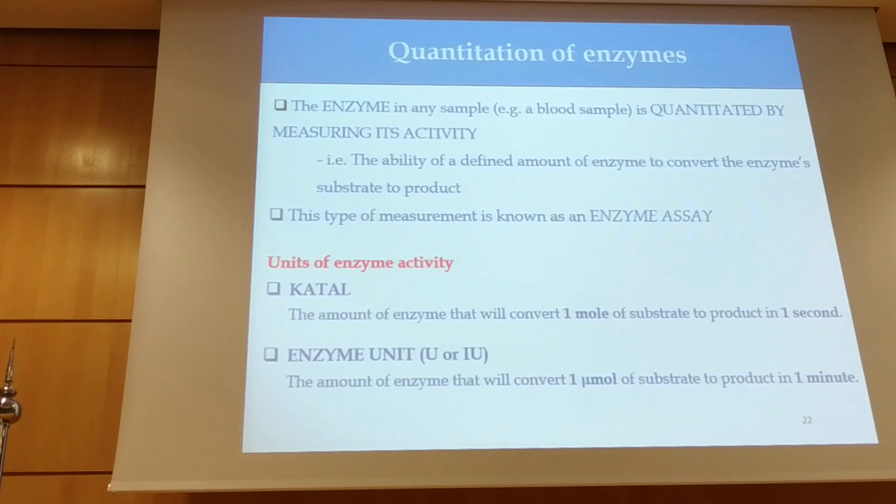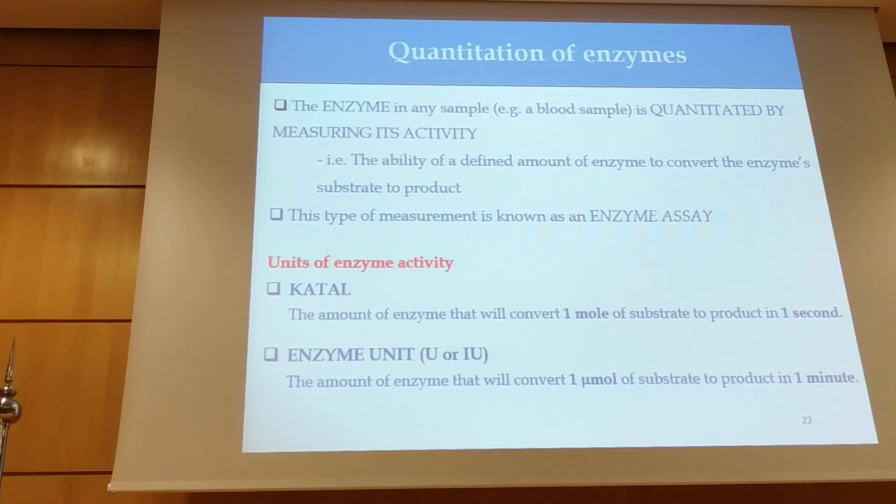Okay, you're a physician. You're going to be getting all these profiles. What kind of unit are you going to be dealing with for the enzymes? Units, or IU, international units. So what's the definition of international unit that you will get? There are 2 units, katal and U, or international units.